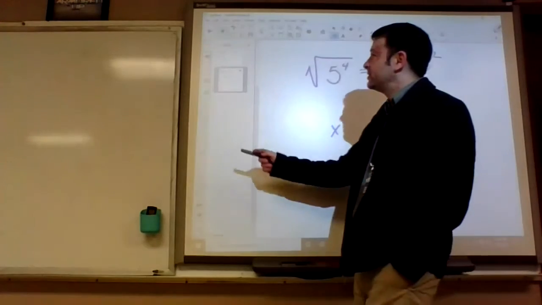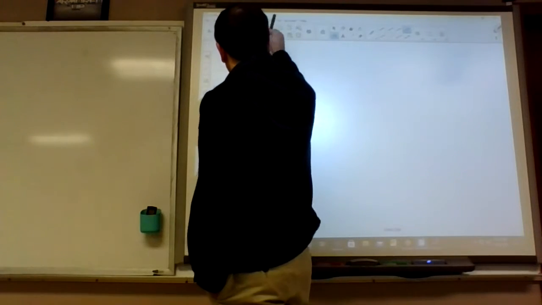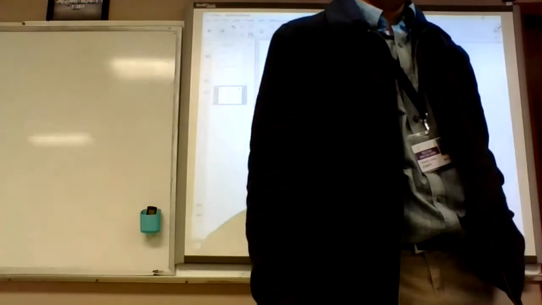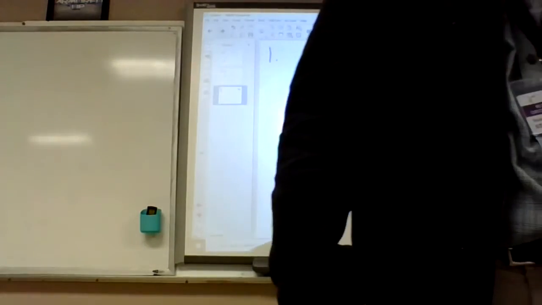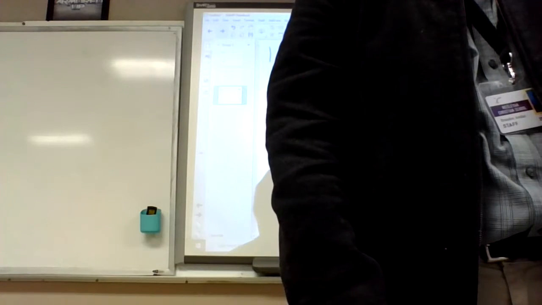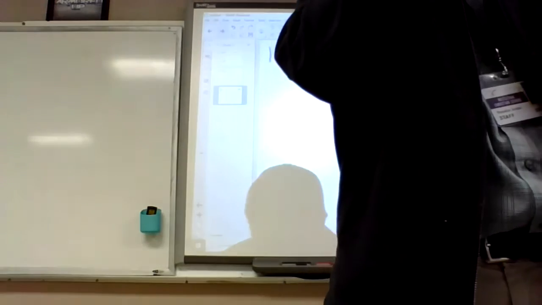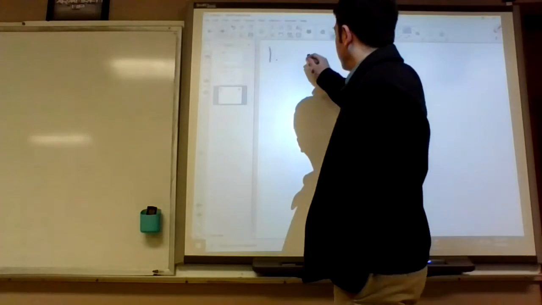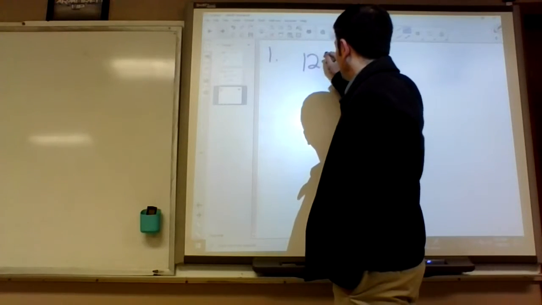Got it? Ready? Number 1? So you can't just plug it in your calculator. Okay, so on number 1 it says 121 to the 1/2. Your calculator can do that, but what does that mean exactly?